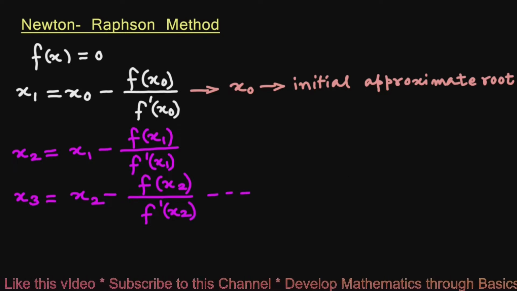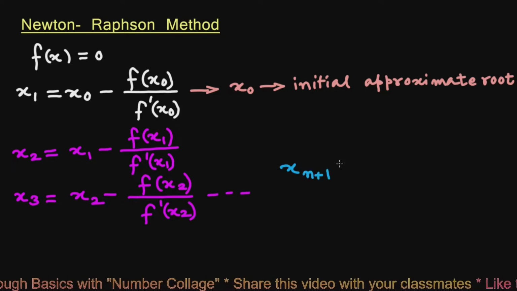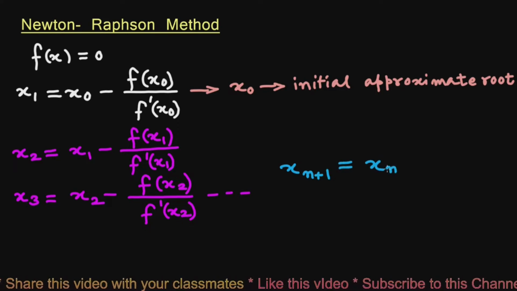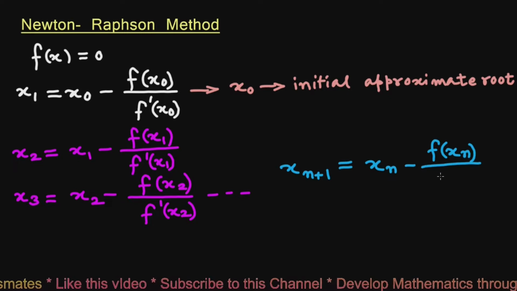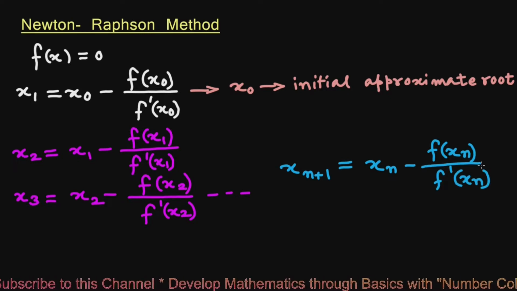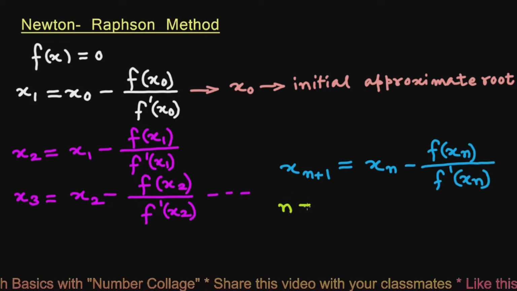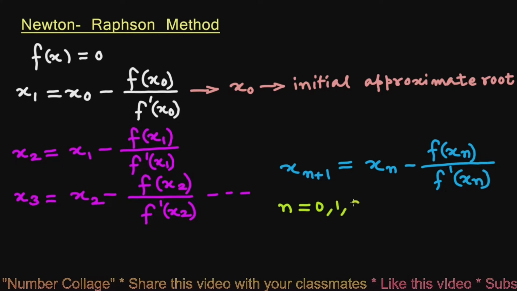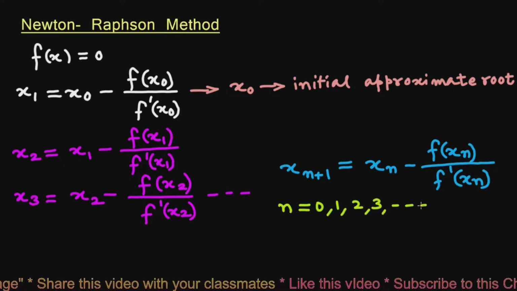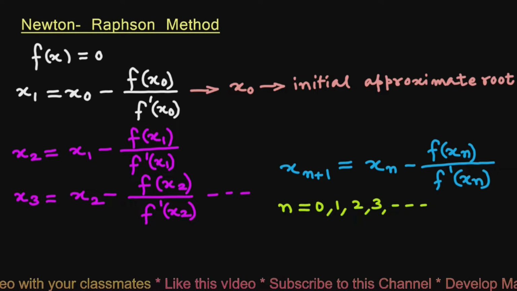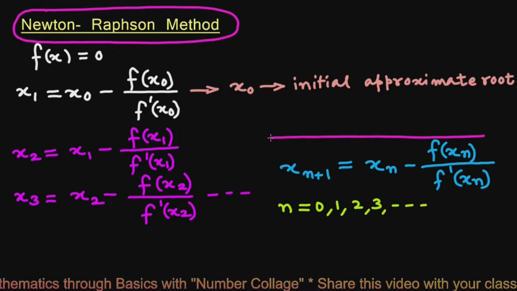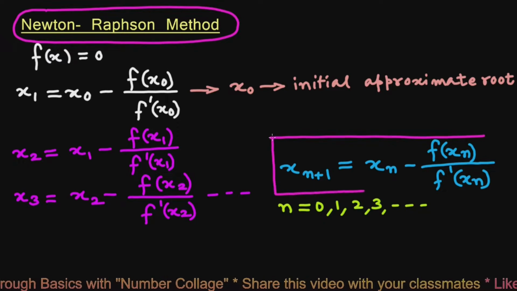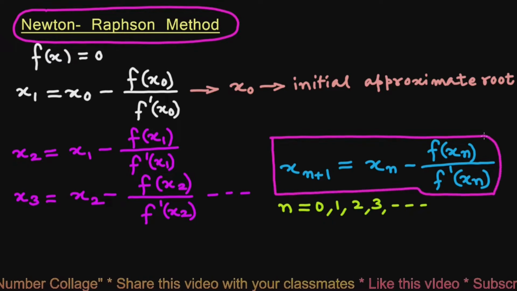So in general, the n plus 1th approximate root will be xn minus f of xn upon f dash of xn, where n is 0, 1, 2, 3, so and so forth. And this is known as the Newton Raphson method, and we have to use this formula to find successive approximate roots.